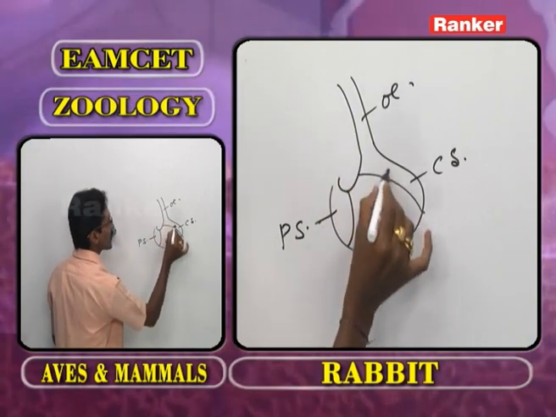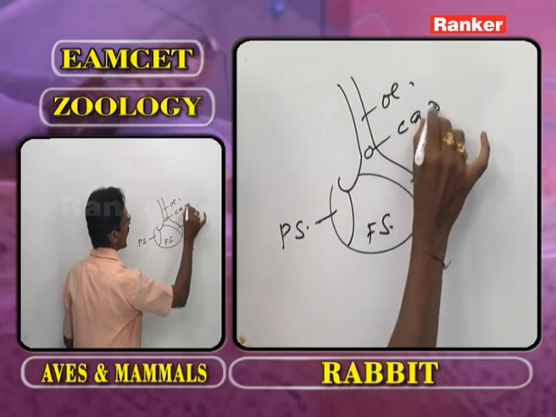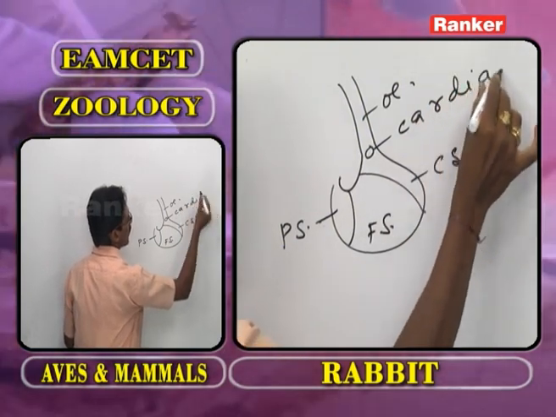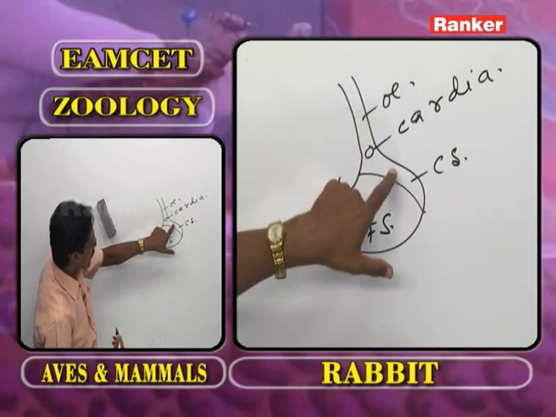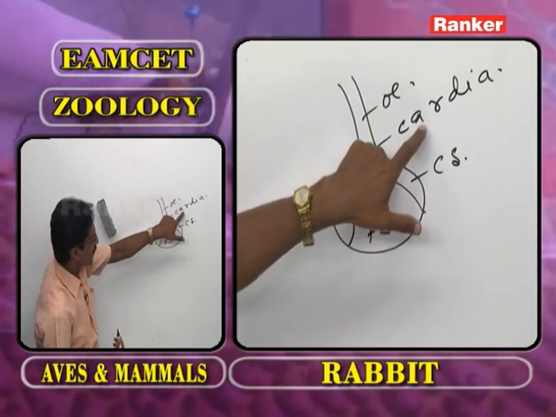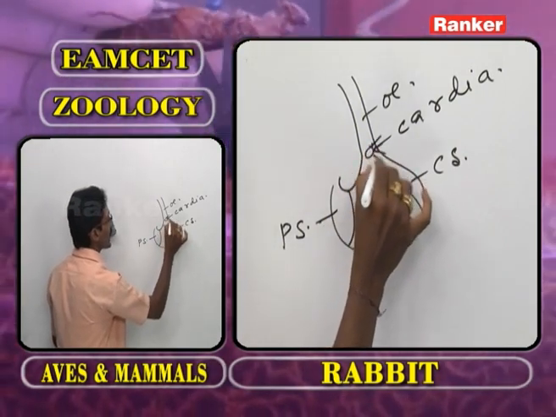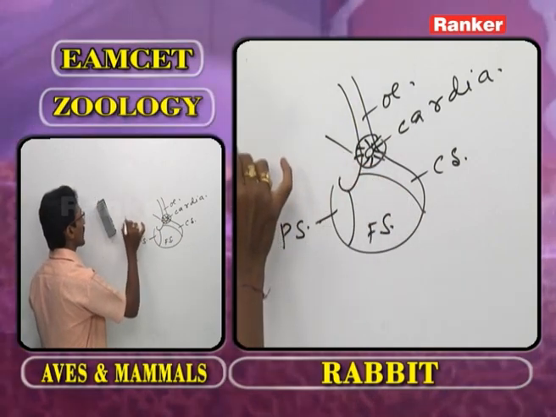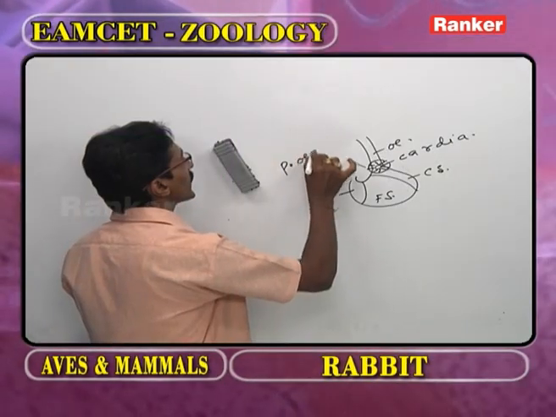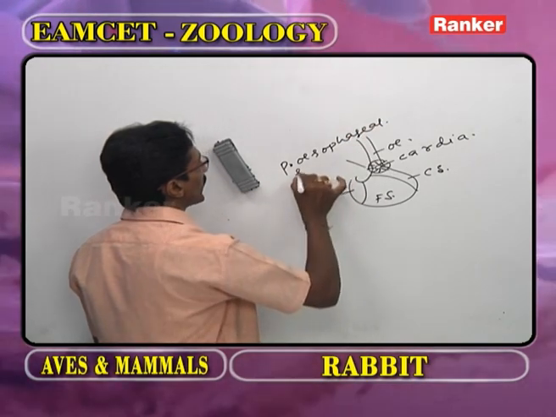Now the esophagus opens into cardiac stomach through an aperture called cardia. Students, the esophagus opens into cardiac stomach through an opening called cardia. Now this cardia is guarded by a sphincter. This is called posterior esophageal sphincter.